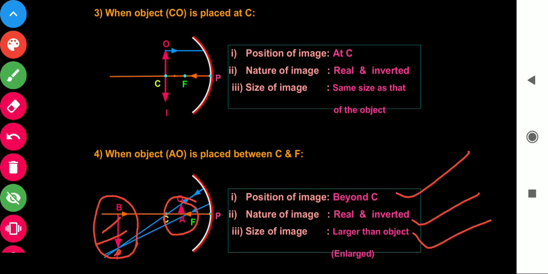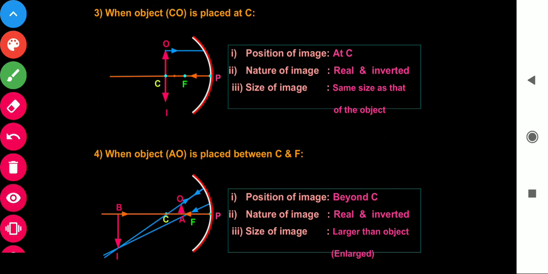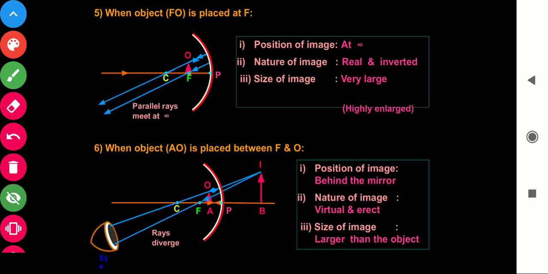Okay. The next one. Now the next is when the object is at focus. We have placed the object at focus. When the object is at focus, how will we draw the diagram? Once again, one parallel ray goes, and the parallel ray always goes through the focus. This is the reflected ray, and one from C. The ray that goes to C comes back the same way.